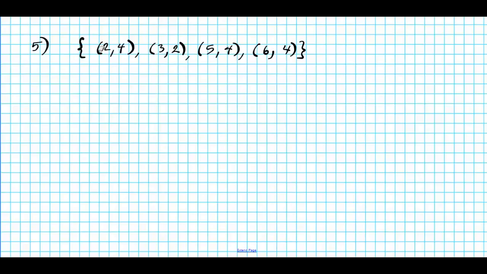So let's look at 2, 3, 5, and 6. Any repetitions there? You have no repetitions. So that guarantees that every input will be mapped to exactly one output. Hence, this relation is in fact a function.